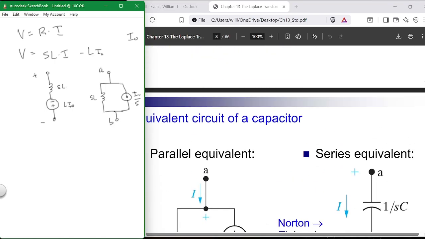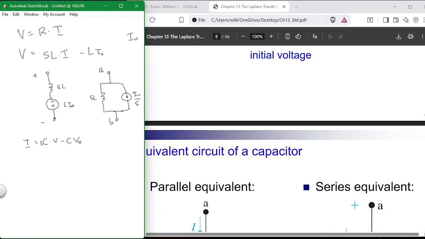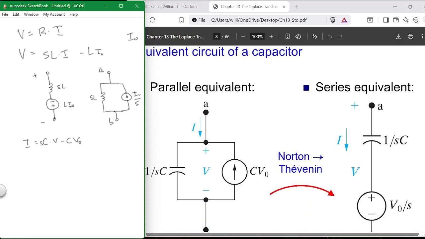Let's just write this right here: I equals C dV over dt. So I in the capacitor is equal to S times C times V minus C V0. And here's your companion part of that.